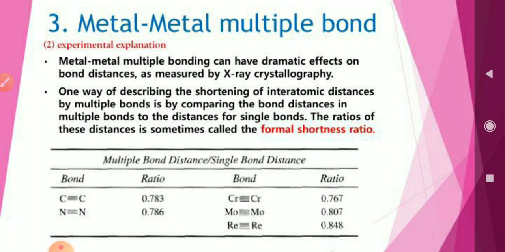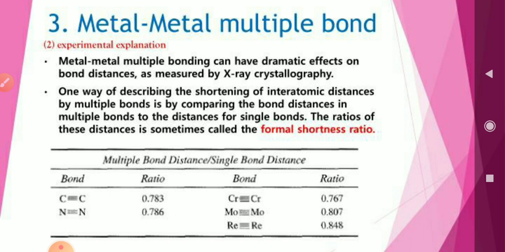Metal-metal multiple bonds have an effect on the bond distance, as measured by X-ray crystallography. One way to describe the strength of the interaction is by comparing the distance in a multiple bond to the distance of the single bond.